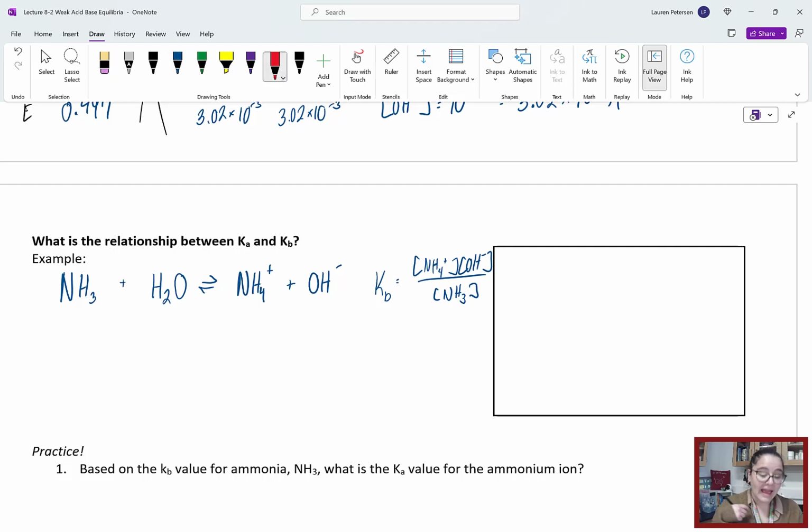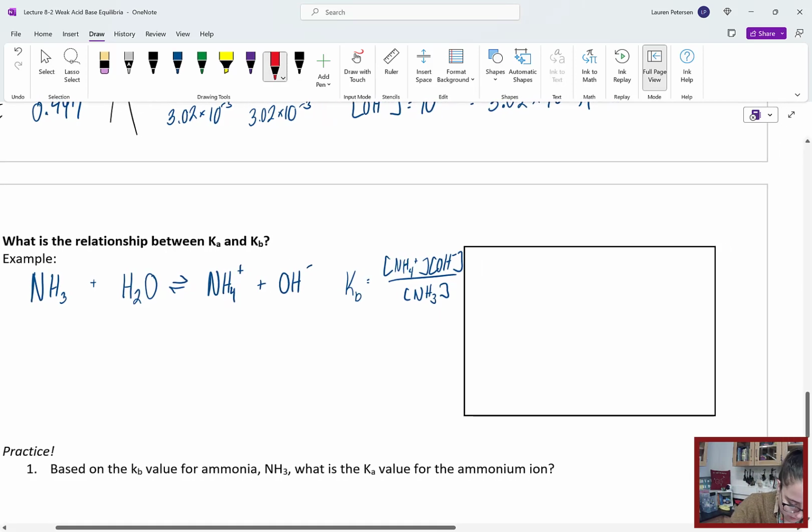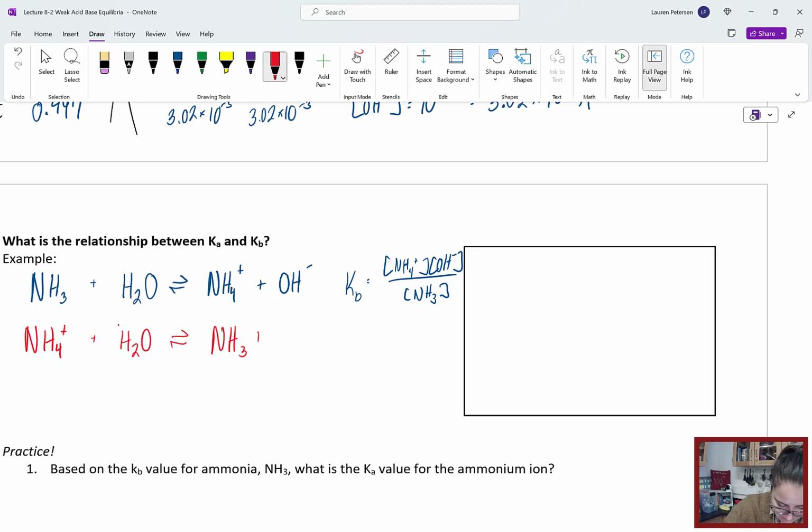Now, if we look at the Ka expression for the conjugate acid of ammonia, then we're looking at the ammonium. So we got that NH4 plus that could react with water and form NH3 and the H3O plus. And that has a Ka expression of the NH3 times the H3O plus over the NH4 plus. Now, I want us to go back and think about Hess's law.